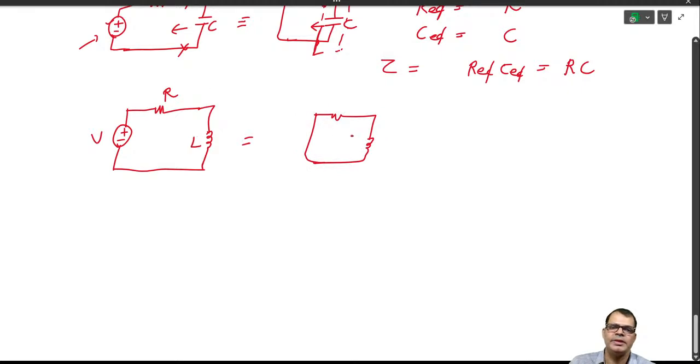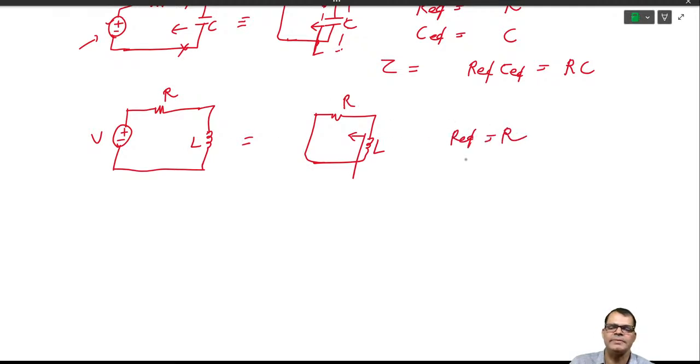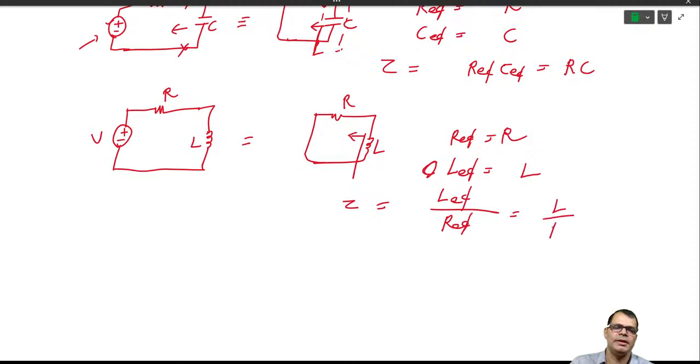Same way, look from the inductor and find R equivalent, which is R. Then find L equivalent, which is L. So the time constant for an RL circuit is L equivalent upon R equivalent, which is L upon R. Okay, these are the simple circuits.